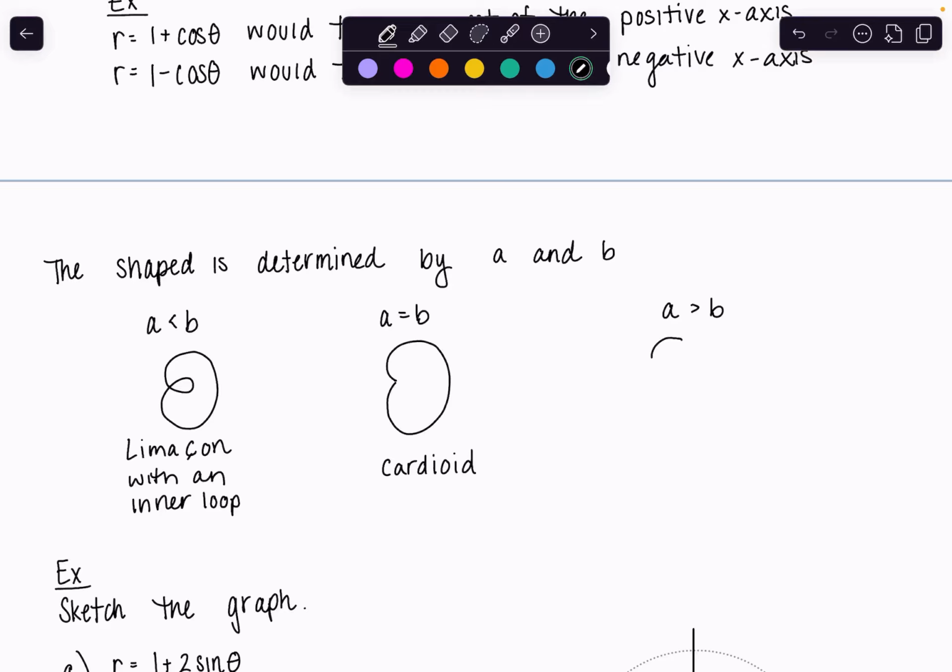This one will be similar to a cardioid, but it doesn't have a sharp point. This sharp point is going to occur at the pole. So this will be a dimpled limacon. And then the other option is, instead of it being dimpled in, it's kind of pointed and curved outwards. So you can get a dimpled or a convex limacon.